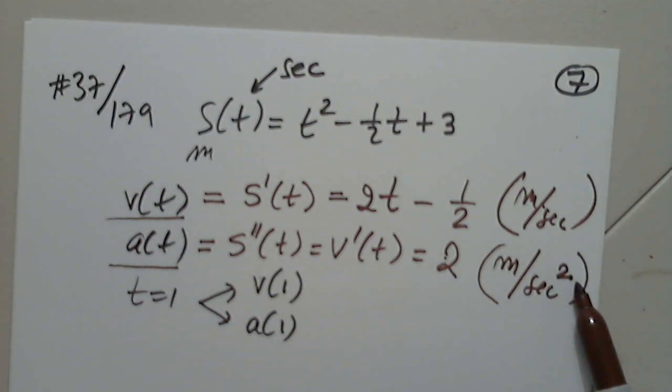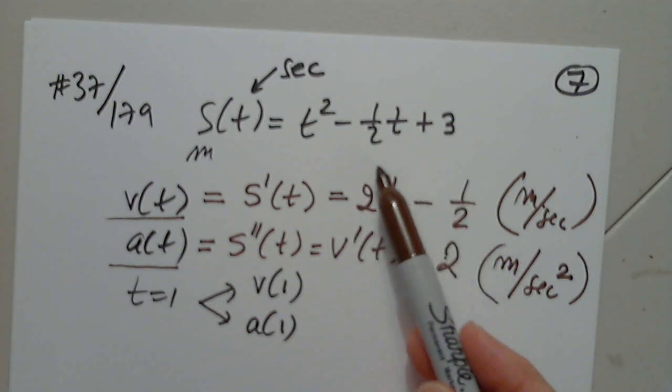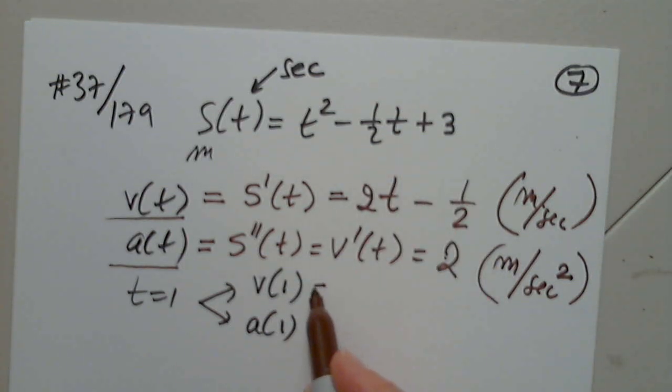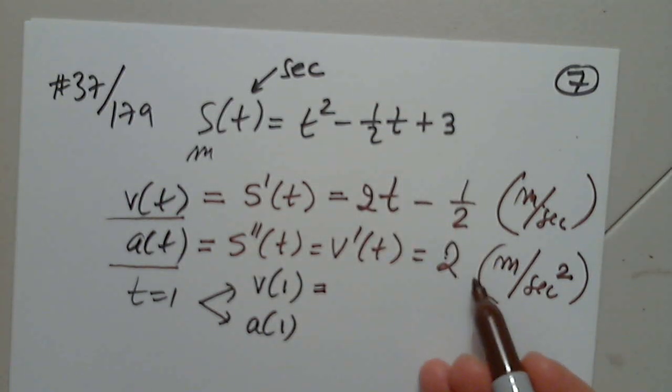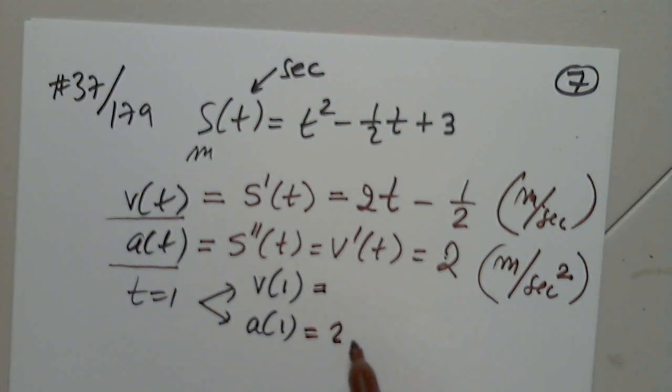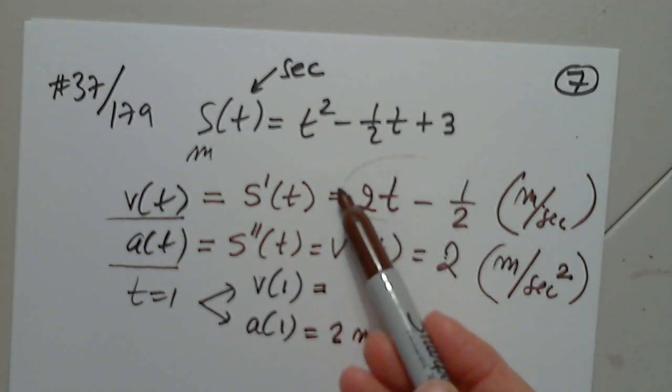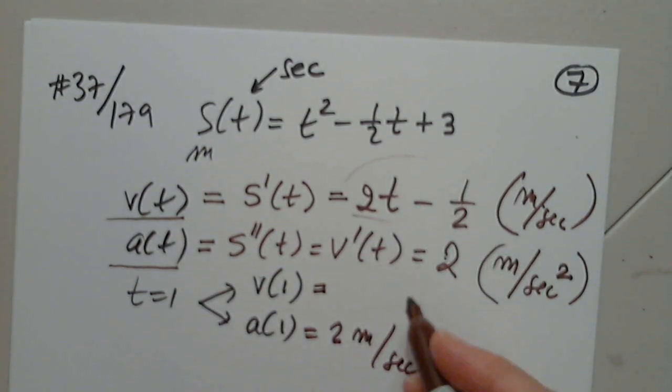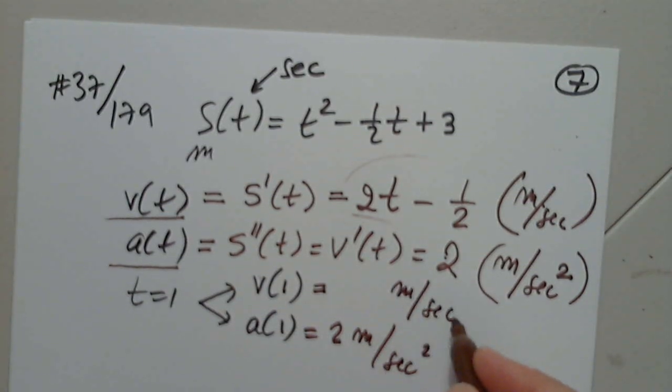Now, can anyone plug in 1 here and tell us what we get? Because when you plug in 1 here, you also get 2. So this is 2 meters per second squared. There is nothing else. But can anyone plug in 1 here and tell us what to write? And the measurement unit will be meters per second.